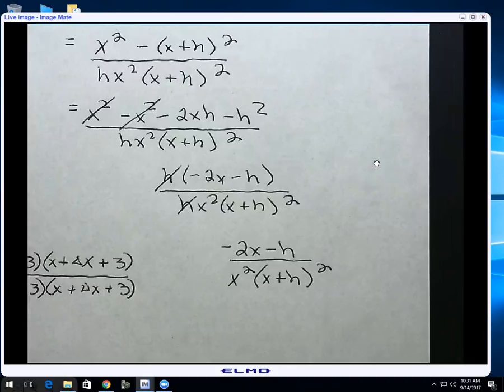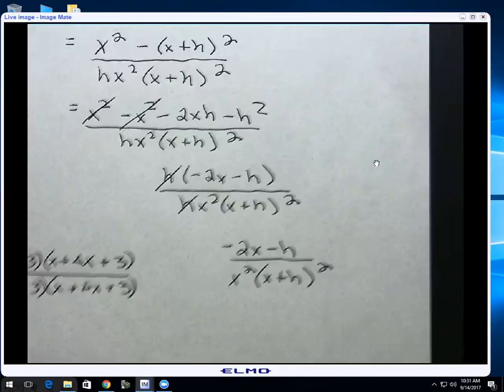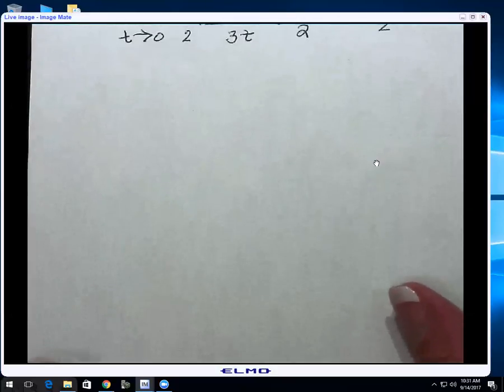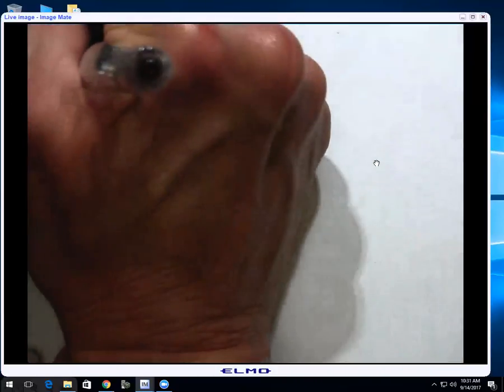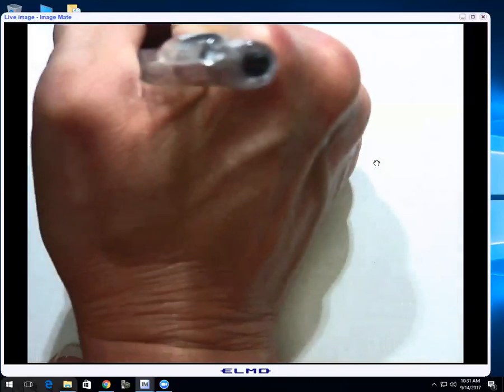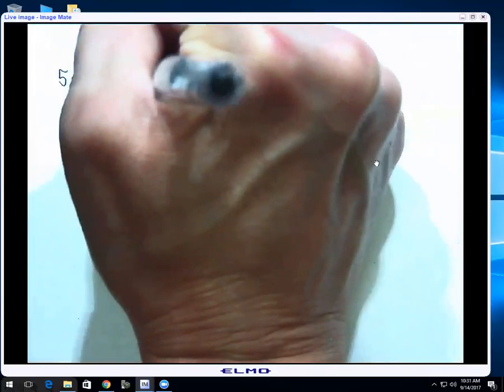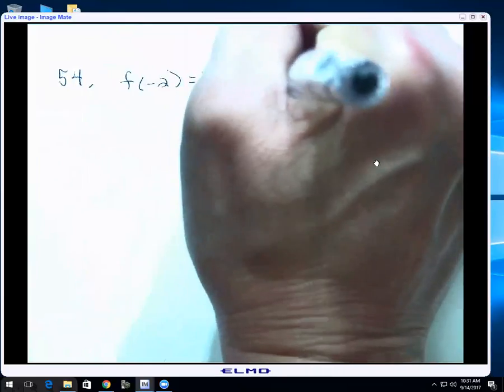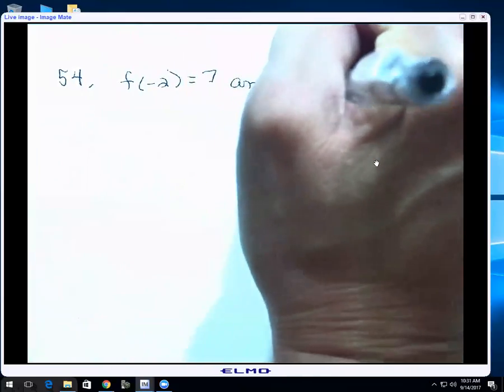All right, I have two other problems that we're not going to finish, but I just want to set them up. We've got problems similar to them in the homework, and I want to make sure that you know what to do. Number 54 says, find a linear equation that satisfies these two conditions.